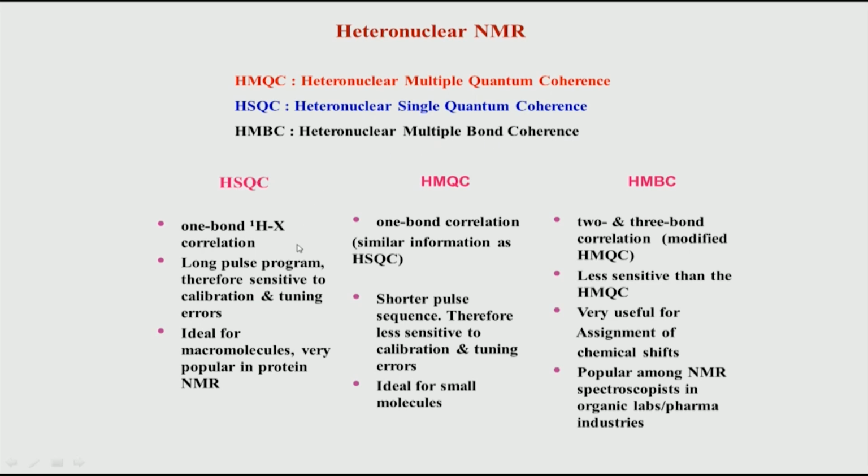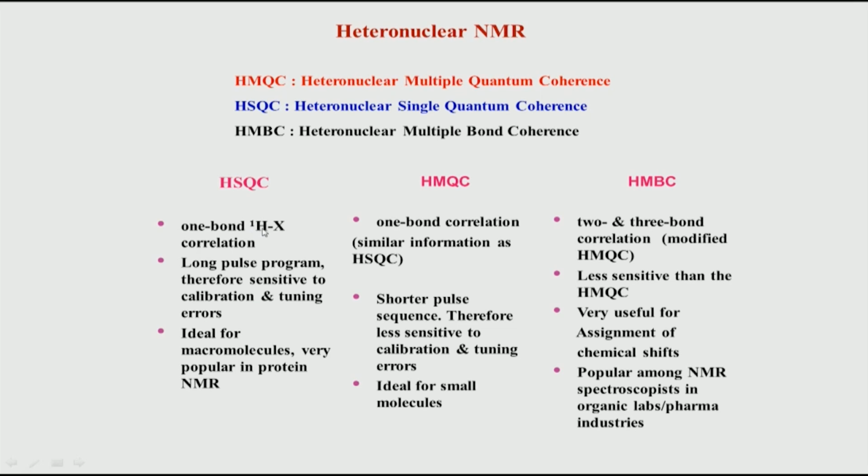So, what are the advantages, disadvantages of these experiments? We can go through this here. What is the comparison, where do we use what? As written here, this is a one bond proton to carbon correlation, which means that any proton and carbon pair only if they are directly connected by a single bond will be detected in this experiment, in this spectrum.